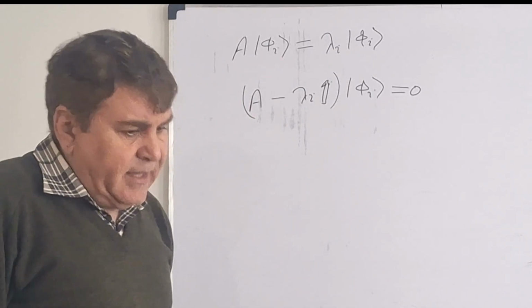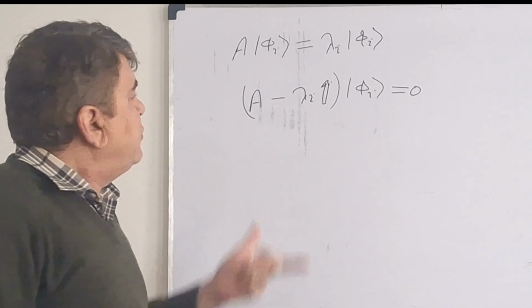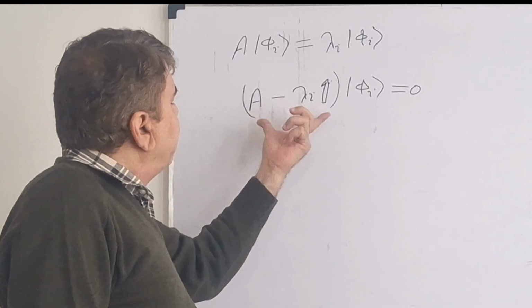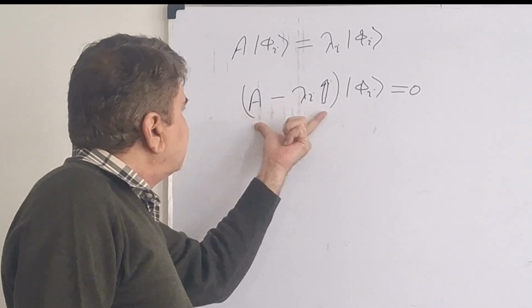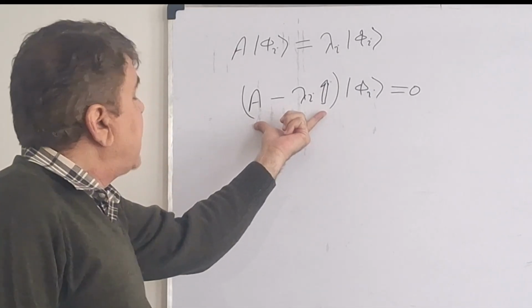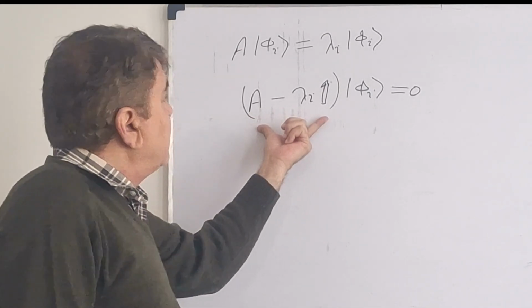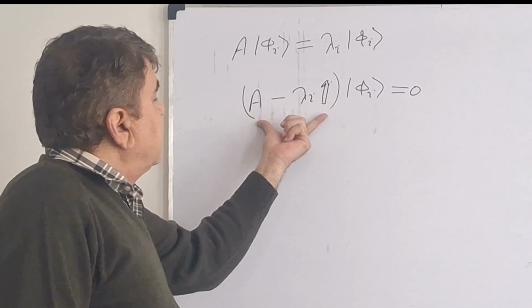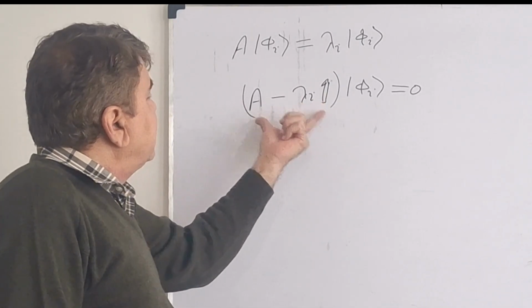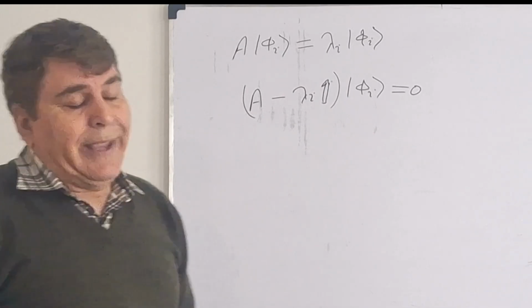Now the important thing, or the purpose of this video, is to know about a very necessary condition on the matrix inside the parenthesis. And that necessary condition is that the matrix inside the parenthesis has no inverse.